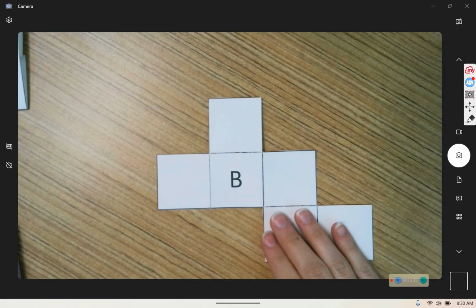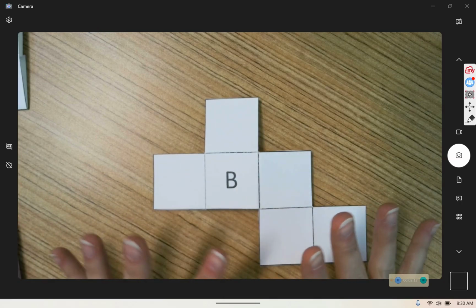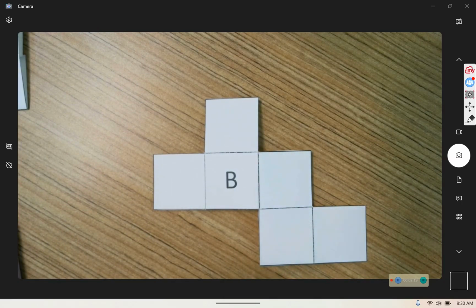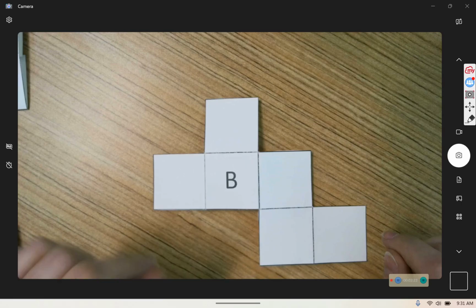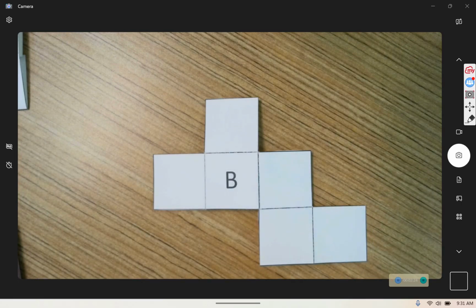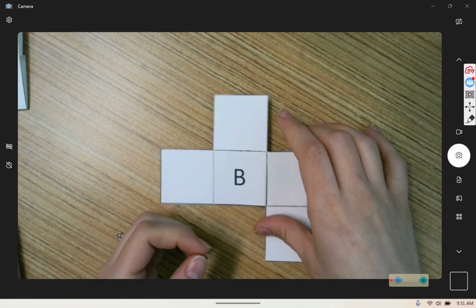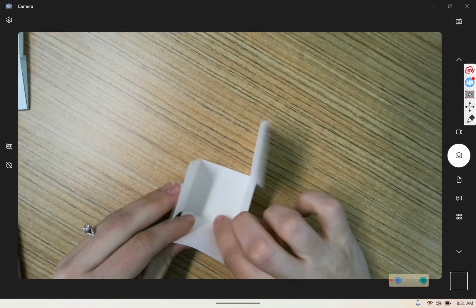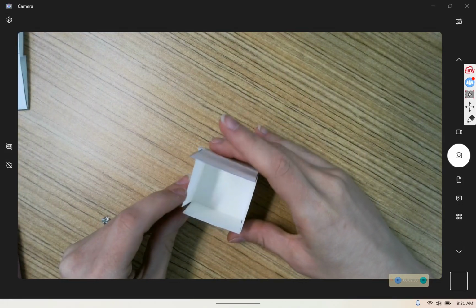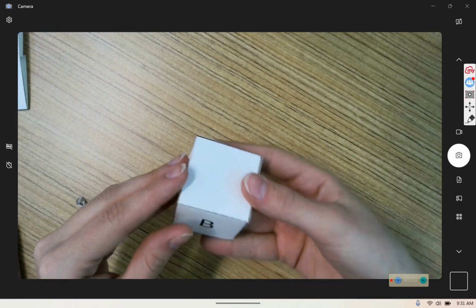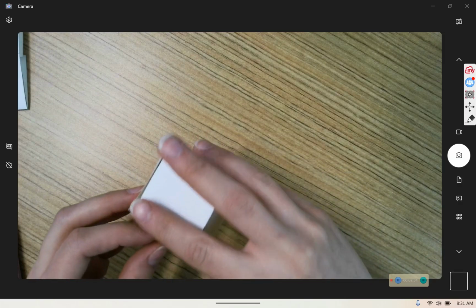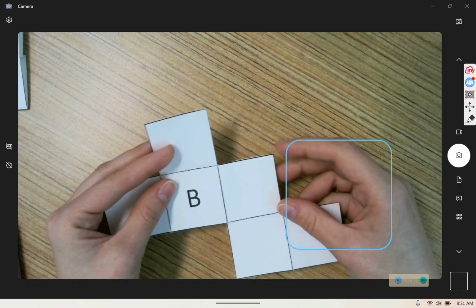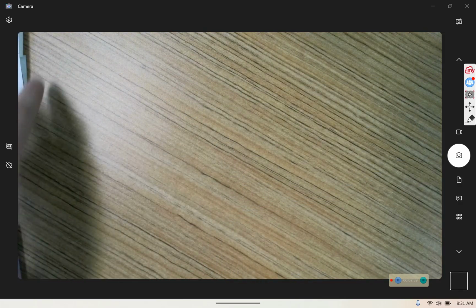B is our next one. We're making sure all faces are covered and that there are no empty tops, bottoms, so on. So B can be folded up and around and down, so all of the faces of B are closed. B also creates a cube.